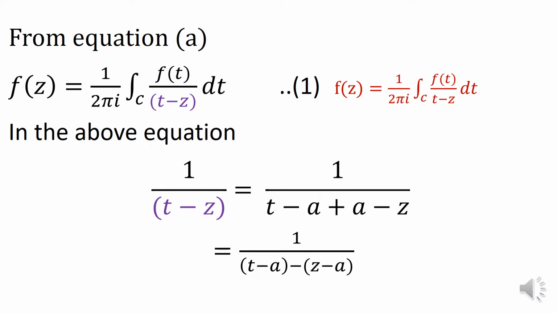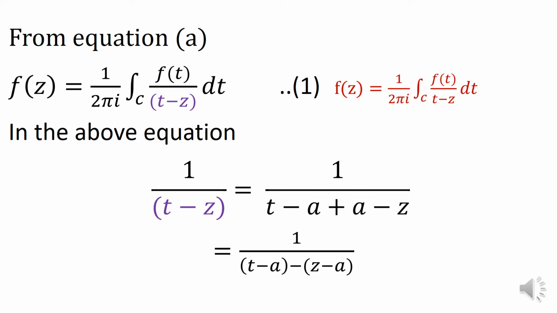Further, we know this Cauchy integral formula: f(z) equal to what? 1 by 2 pi i integral over C of f(t) by (t minus z), right, into dt. Now in the upper equation, this 1 by (t minus z) we will try to write first in this way. 1 by (t minus z) is equal to what? 1 by (t minus a) plus (a minus z).